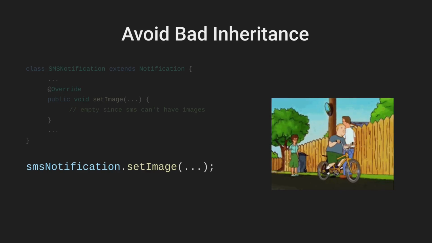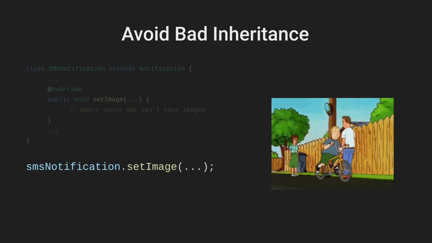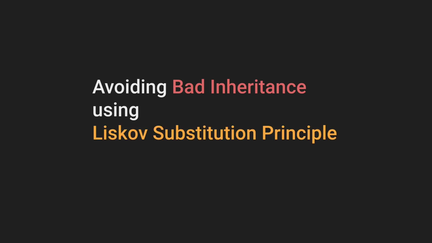In this video, we will see how we can prevent all of this from happening in the first place by avoiding bad inheritance using the Liskov Substitution principle, or LSP.